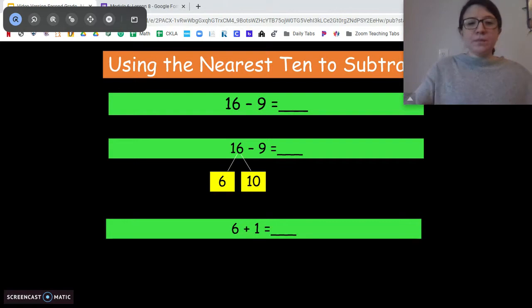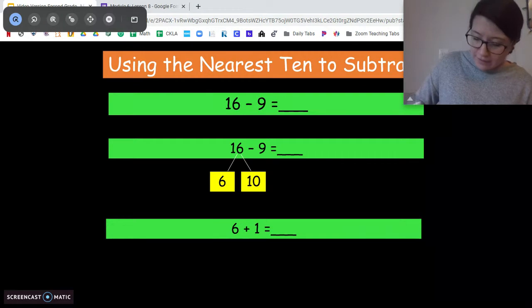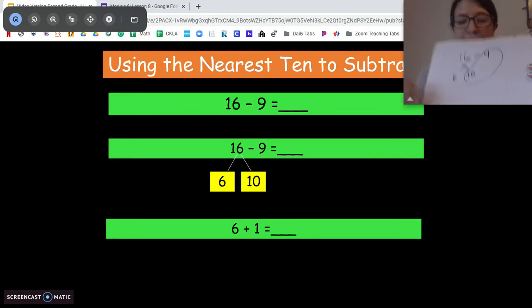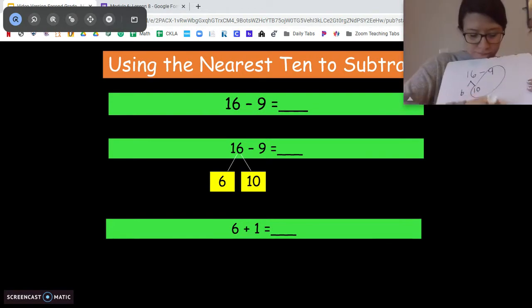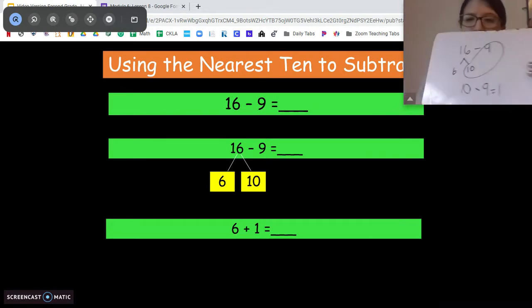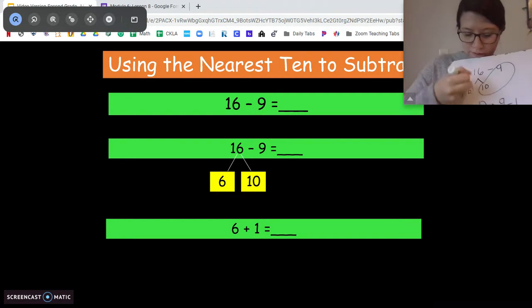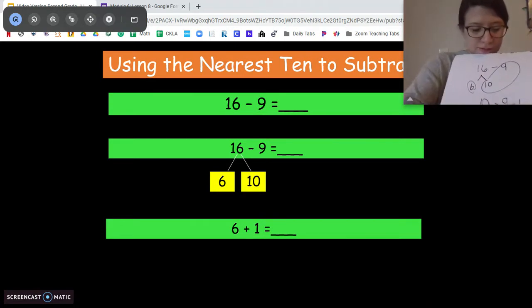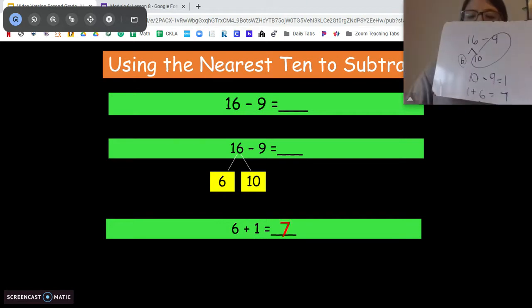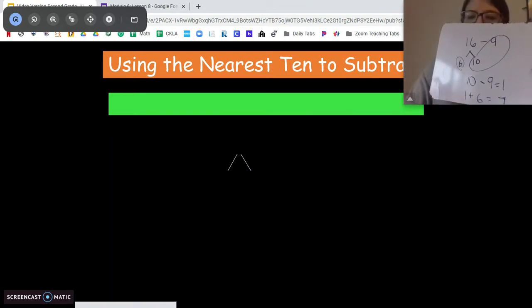I'll show that for you on my paper. 16 minus 9. We take the 10 out, so we do 10 minus 9, which gives us the 1, and then we add the 1 into our other 6, and it gives us 7. So 16 minus 9 is 7.